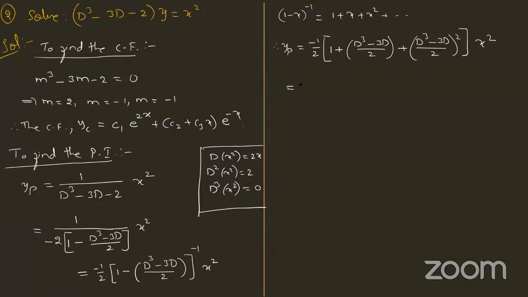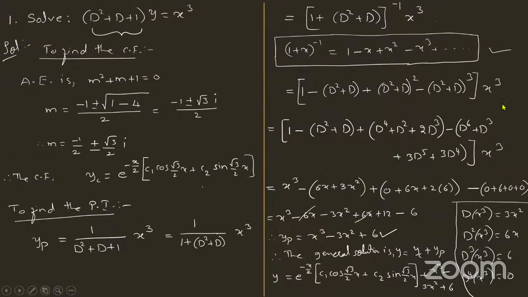So this is equal to minus 1 by 2 into, now, do you want me to expand this or shall I write it directly? I just want to mention one point. If you look at the previous question, we have d square plus d whole cube. We expanded this. In this expansion, the lowest degree term you get is d cube.